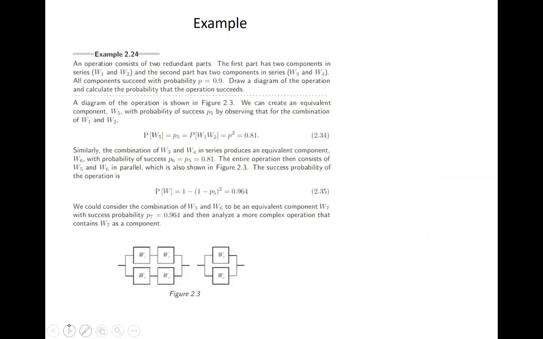Let's complete today's lesson with an example. We have an operation of two redundant parts. Redundant parts means we connect two parts in parallel. The first part has two components in series, so one component connected in series with the second one.